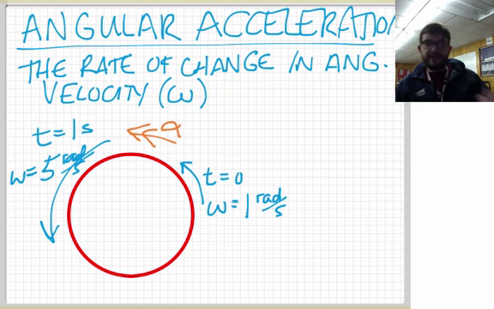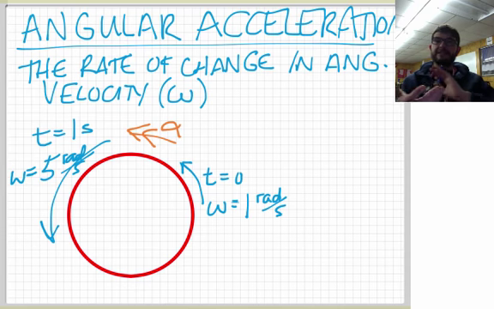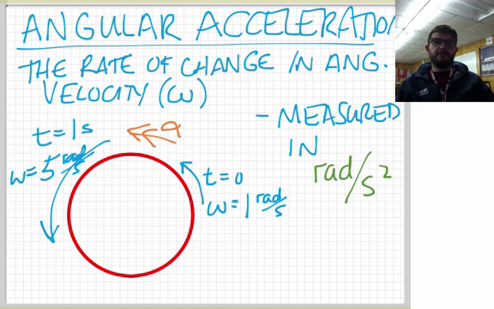So it's spinning a lot faster. That means that it went through an angular acceleration because it sped up. So speeding up or slowing down in spinning is caused by an angular acceleration. And of course, we measure this in radians per second squared, just like regular acceleration is meters per second squared.